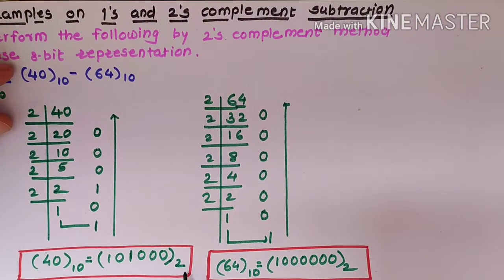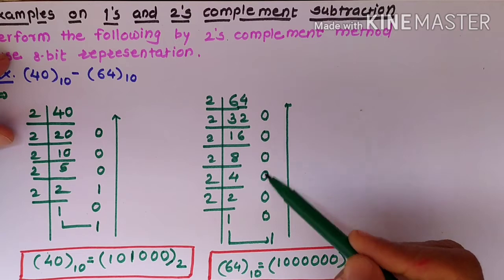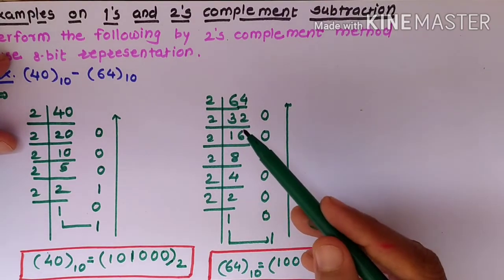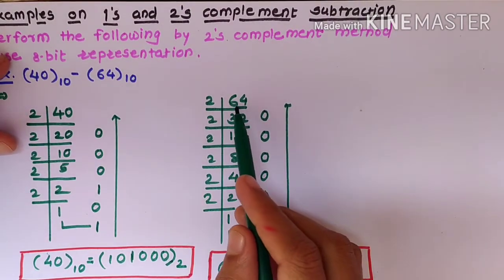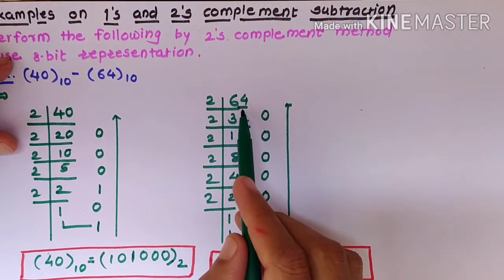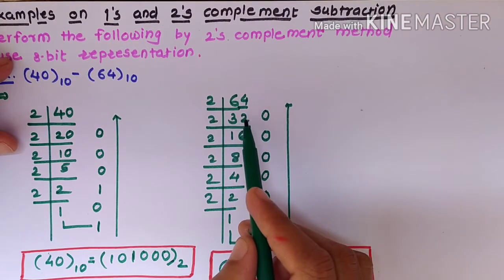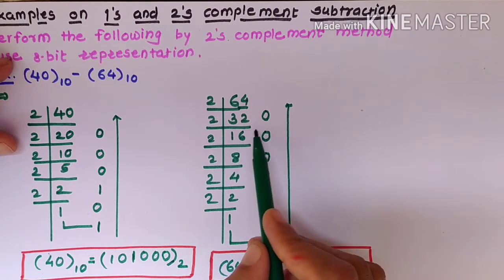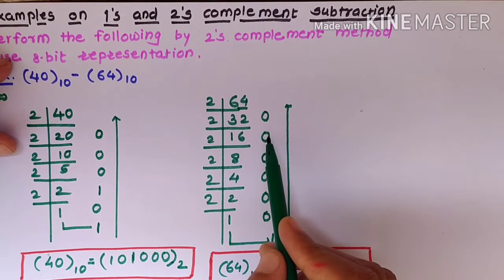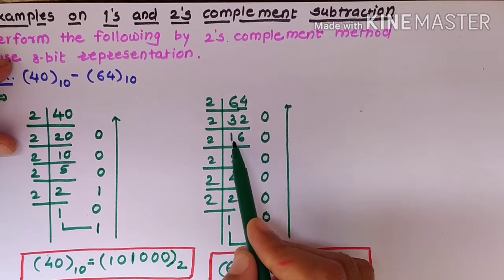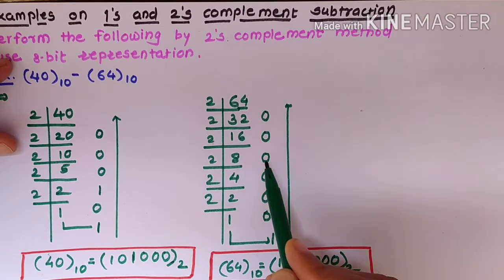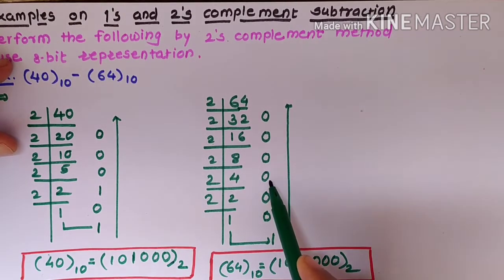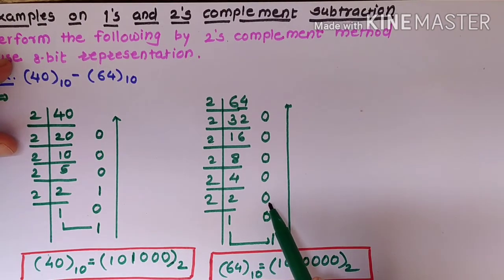Now in a similar way we get the equivalent binary of 64 decimal, by dividing by 2. 2 3s are 6, 2 2s are 4, then 2 1s are 2, 2 6s are 12. Here remainder 0 for the first step and again 0 for the second step. This is the quotient. 2 8s are 16, remainder 0. 2 4s are 8, remainder 0. 2 2s are 4, remainder 0.